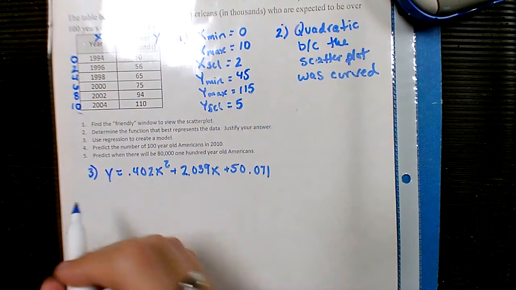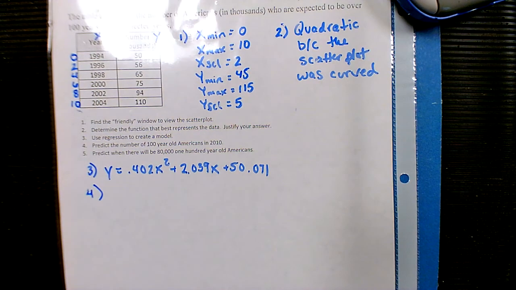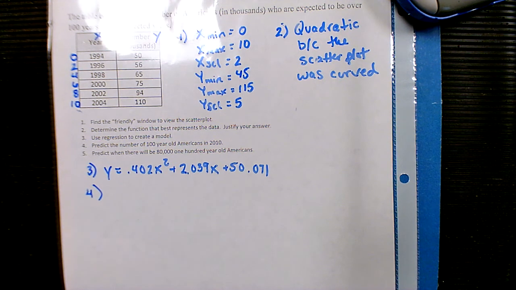Let's go ahead and take a look at 4. Predict the number of 100-year-old Americans in 2010. Notice how our table only goes to 2004, so we're predicting some information here.